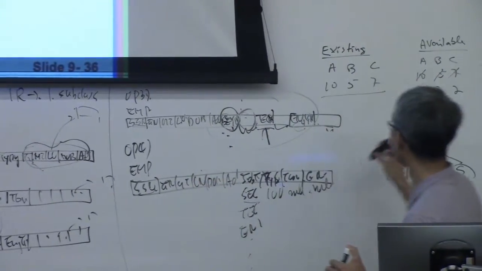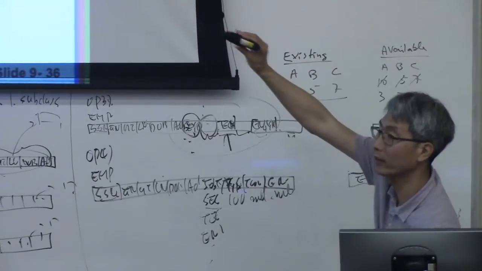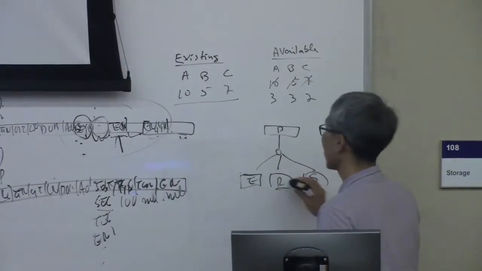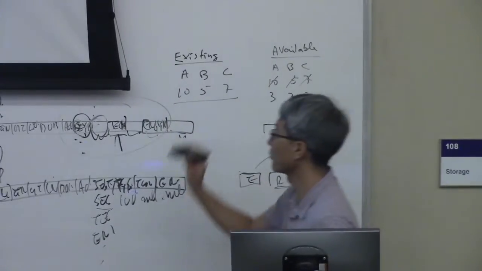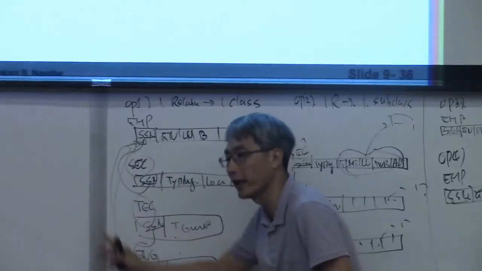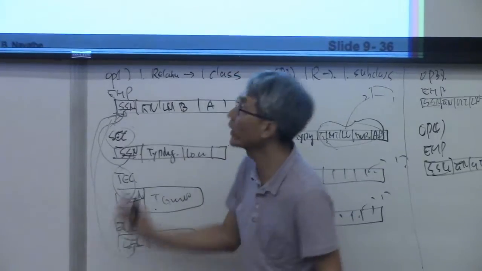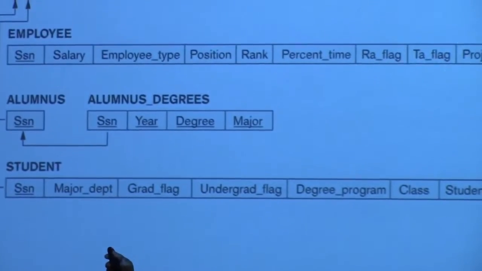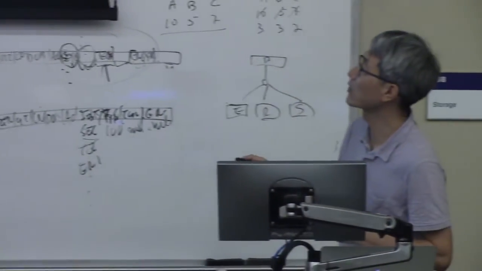So 1. Why? We have a person relation table, employee table, alumnus table, student table, which means we use the first option with the foreign key. So you can see the foreign key. You need to create another foreign key from employee, referring to the SSN of person.